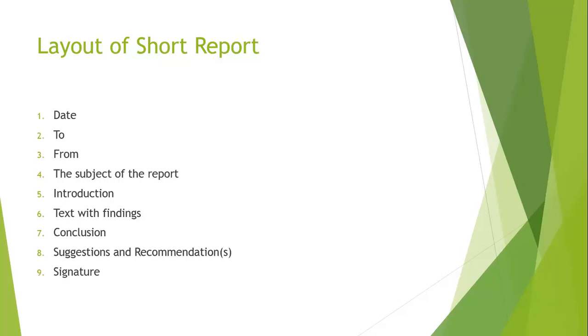From who is writing it? What is your designation? What is the name of your organization? Name of your city? You will also mention. Then the subject of the report. What is the subject of the report? What is the topic of the report?